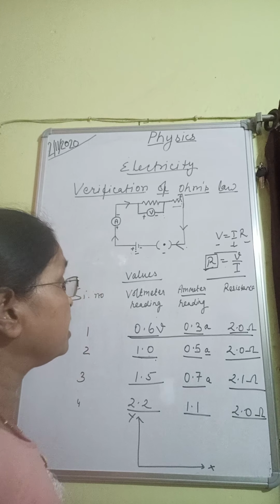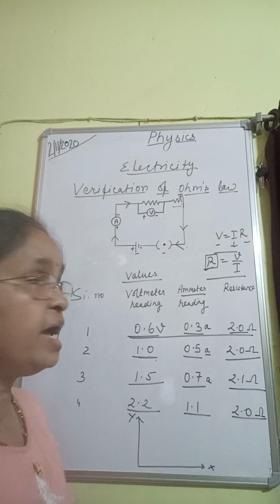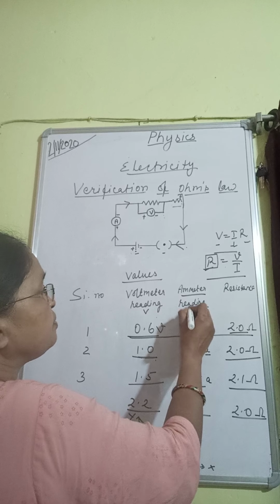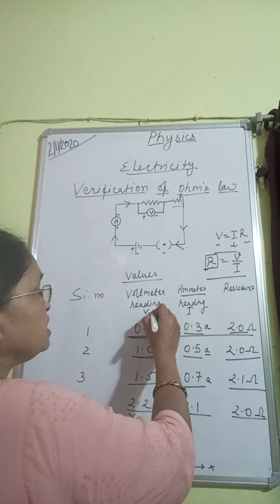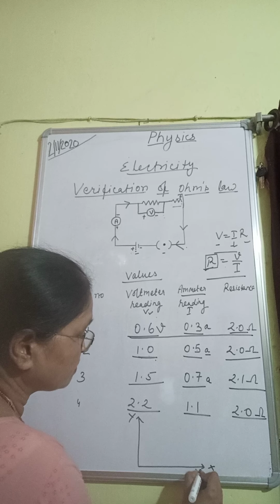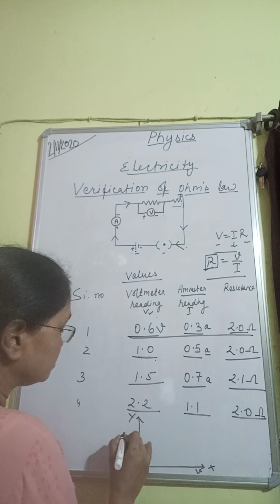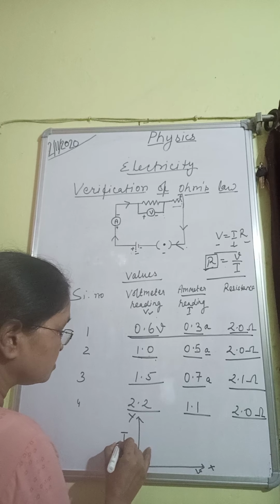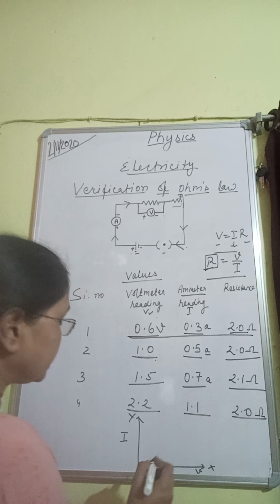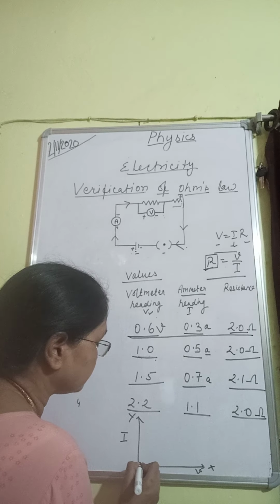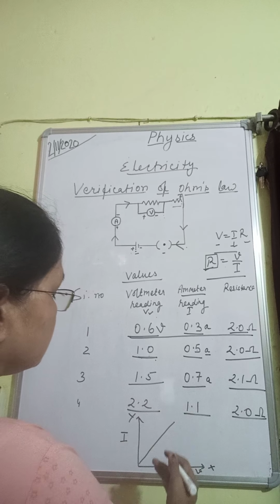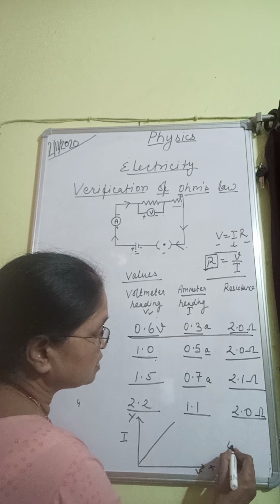The x-axis is for the independent variable, and for V and I, the independent variable is V. So V is taken on the x-axis, I is taken on the y-axis, and when you plot this graph, you will get a straight line. This is Ohm's law.